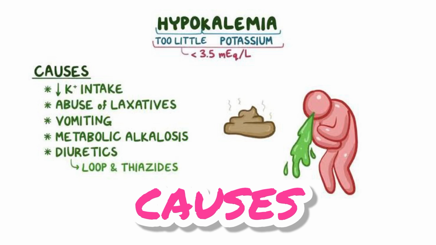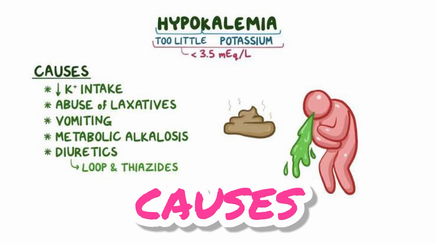Sometimes diuretics increase urine production, and a lot of potassium gets excreted from the body, and if a lot of potassium is excreted, the body can become deficient of potassium. So whenever we are giving diuretics to a patient, we must keep in mind that it can lead to hypokalemia, and we have to be very careful about that. These are the main causes of hypokalemia.